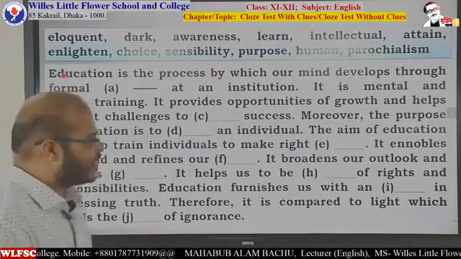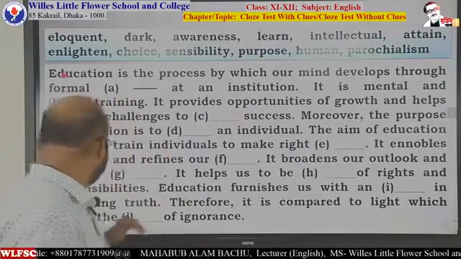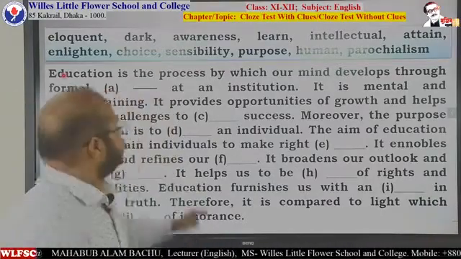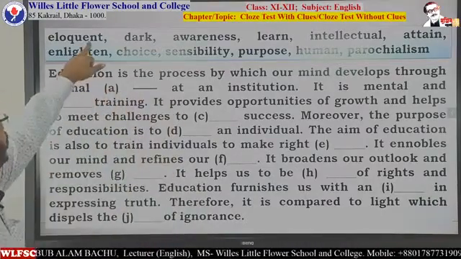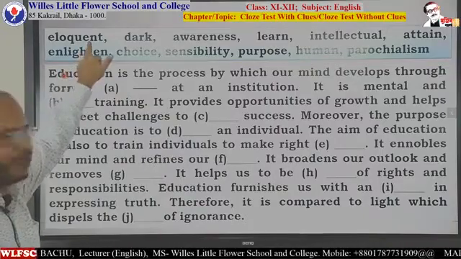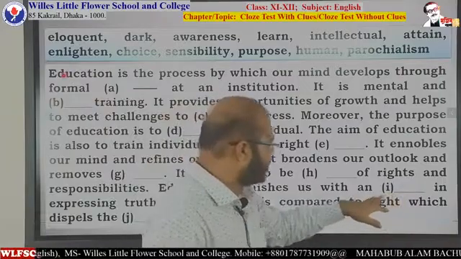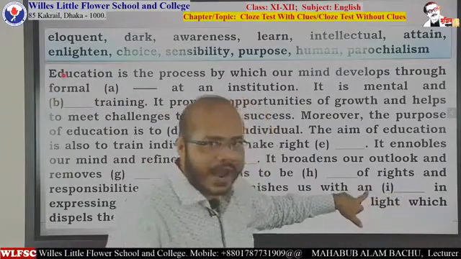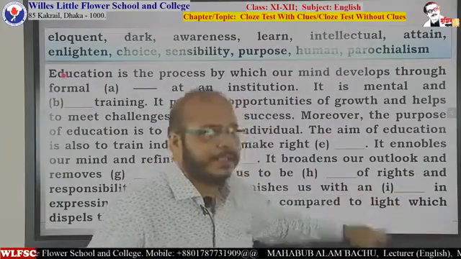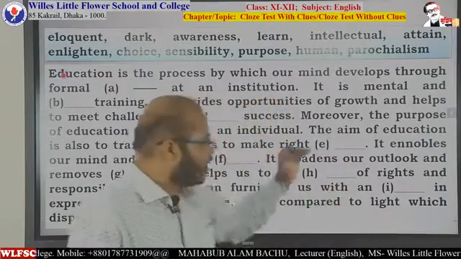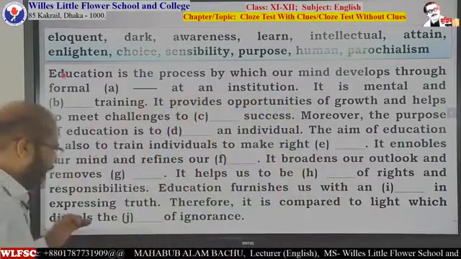Education furnishes us with an dash, with an eloquence. The word you see, eloquent, is an adjective form, but you have to make a noun from here. As you see, there is an article here. So after article, usually we put the noun form. So eloquence in expressing truth.